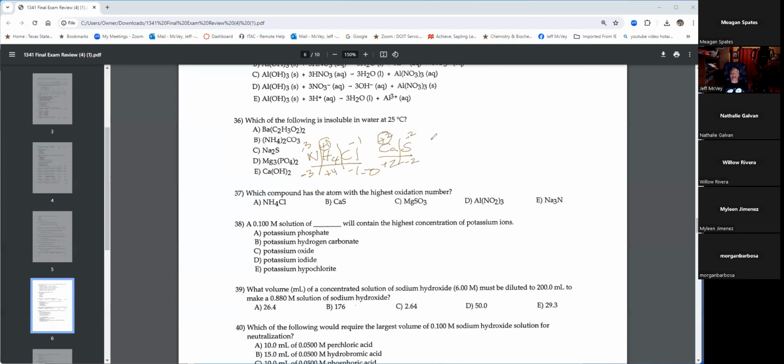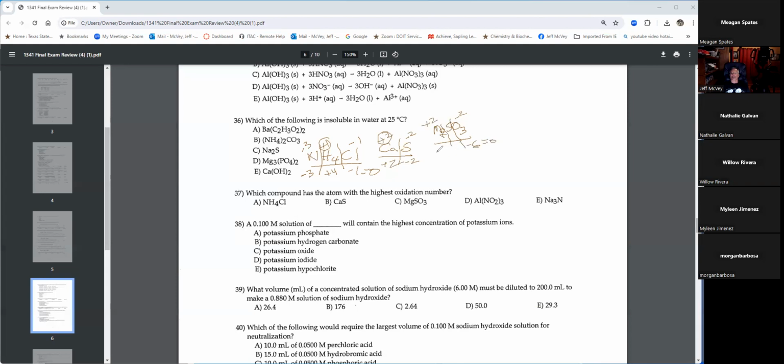Then we have magnesium sulfite. So we have magnesium and SO3. Split them up. Oxygen is the most electronegative at -2. 3 times a -2, -6. Remembering that everything has to add to 0.